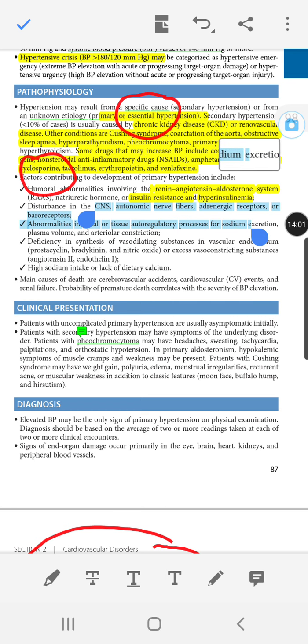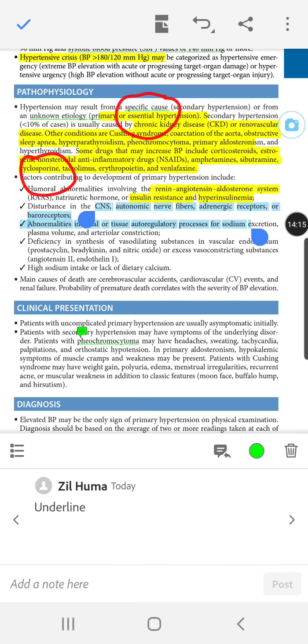We say in our daily life that tension causes high blood pressure. So tension means anything that happens in the brain. So CNS is the major thing that is responsible for increasing the blood pressure.